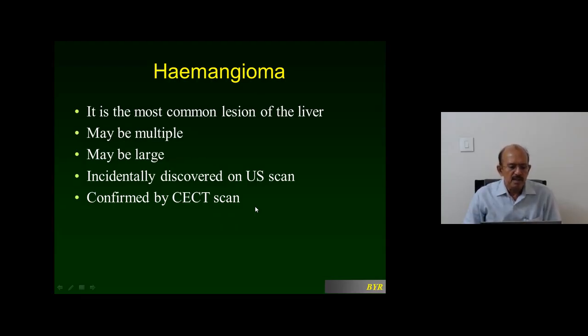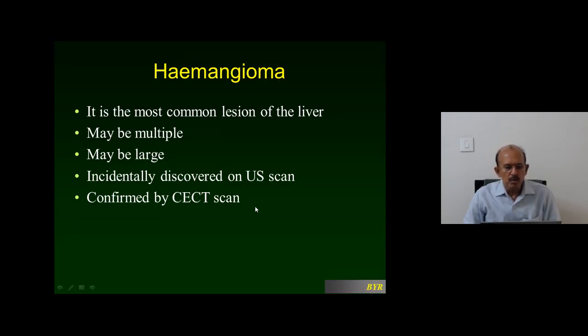So it presents like a hypoechoic mass. Any hypoechoic mass in the liver can be a tumor, a carcinoma of the liver, or a secondary in the liver. That's why, whenever you see a hypoechoic mass, you must consider it to be neoplastic.